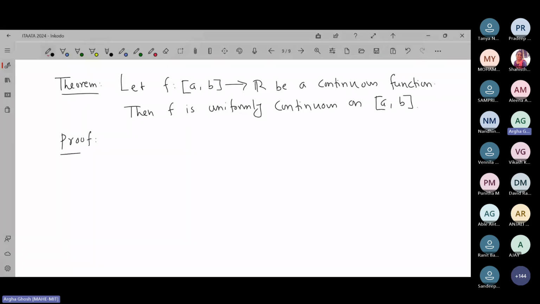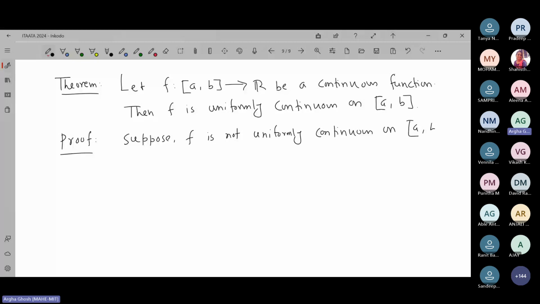We prove this by the method of contradiction. So let's assume, suppose on the contrary, that f is not uniformly continuous on [a, b].